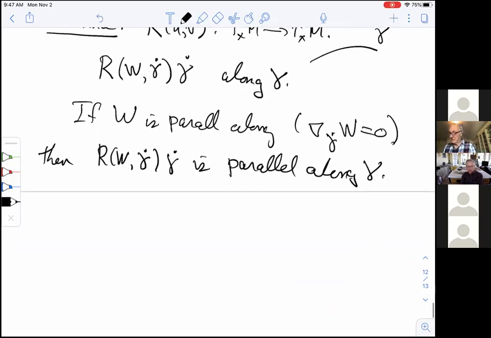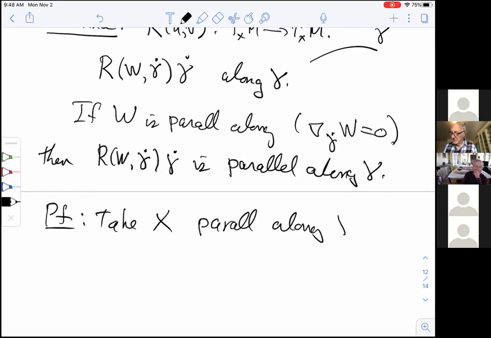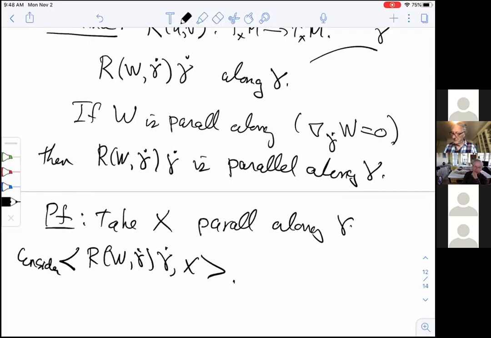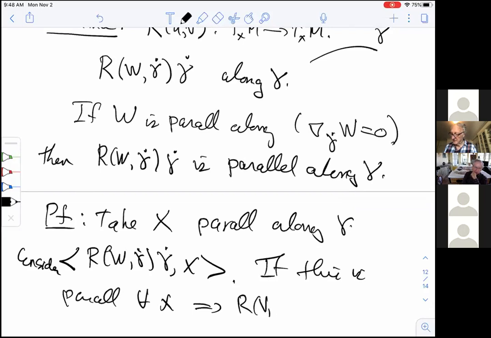Okay. Well, what I need to do is take another vector field X parallel along gamma and consider the inner product of R(W, gamma dot) gamma dot with X. If this is parallel for all X, that implies R(W, gamma dot) gamma dot is parallel.